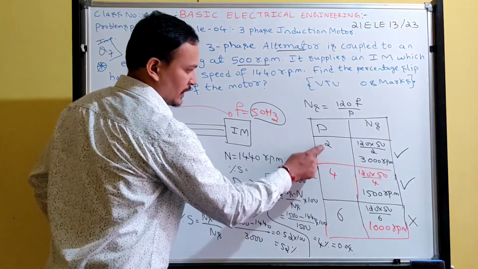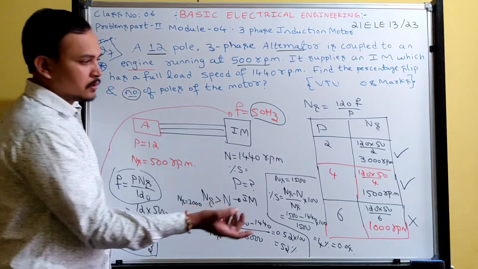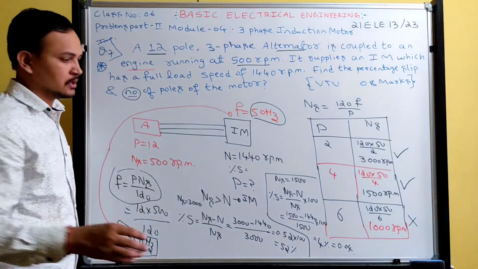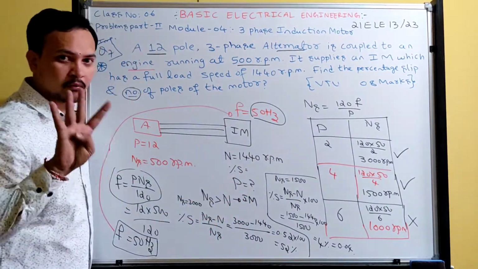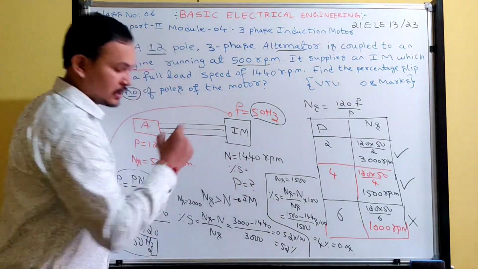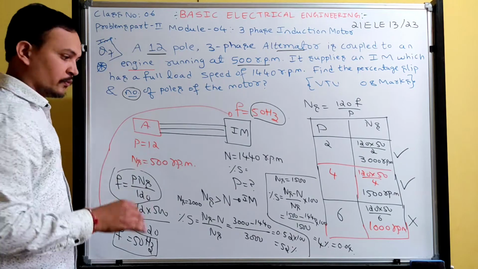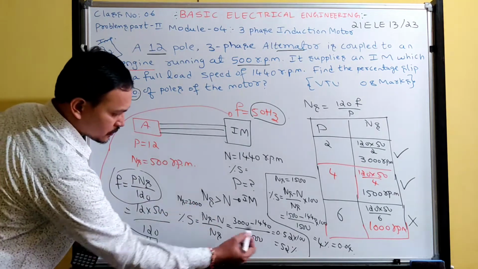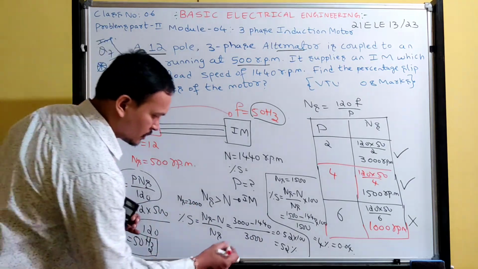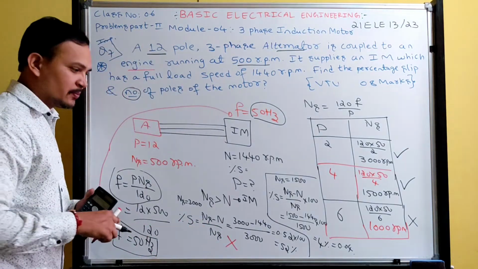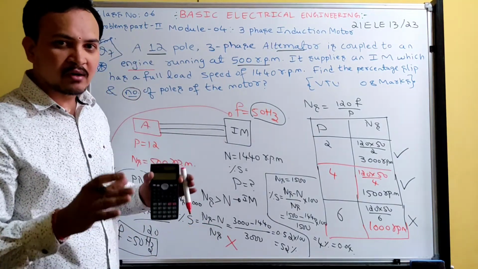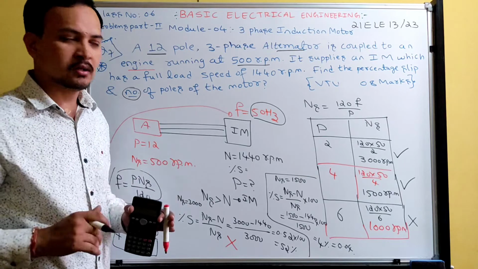See, out of these two data, 2 poles or 4 poles, 4 pole is selected. Final answer: number of poles is how much? 4 poles. And what is the percentage slip? 4% or 0.04. So this one is ruled out. Why? Because slip is not within the given range to become a good induction motor.